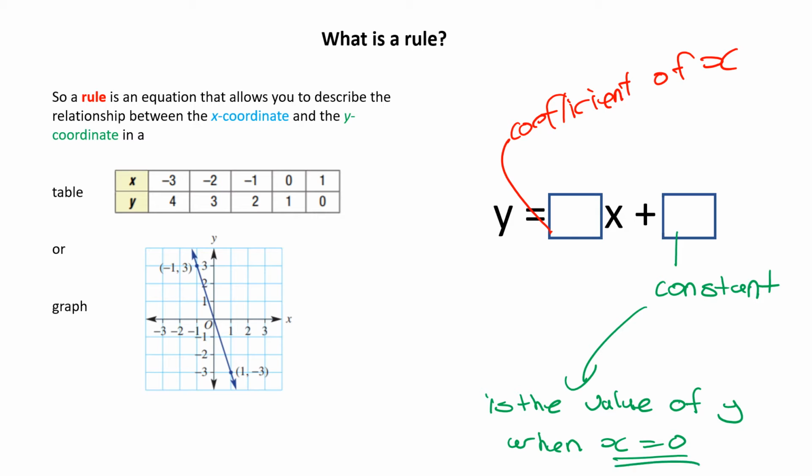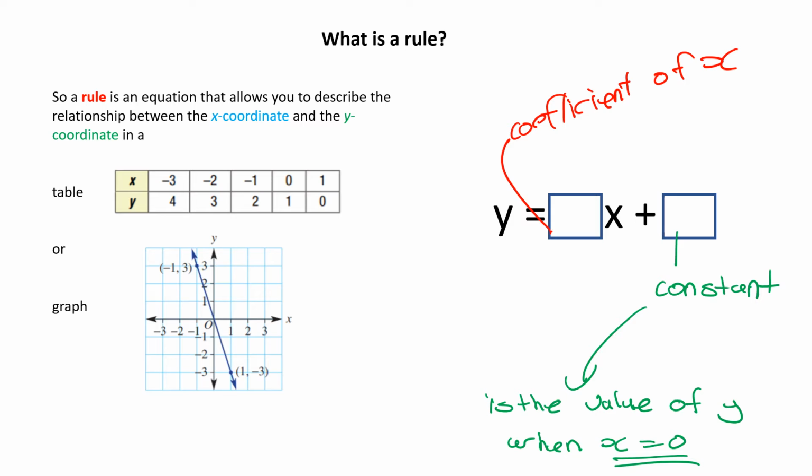Okay, if I said y equals 2x plus 5, and x equals 0, that would mean y equals 2 times 0 plus 5, that becomes 0, so y would equal 5. So in this case, my constant would be 5. So that's what we mean by that.